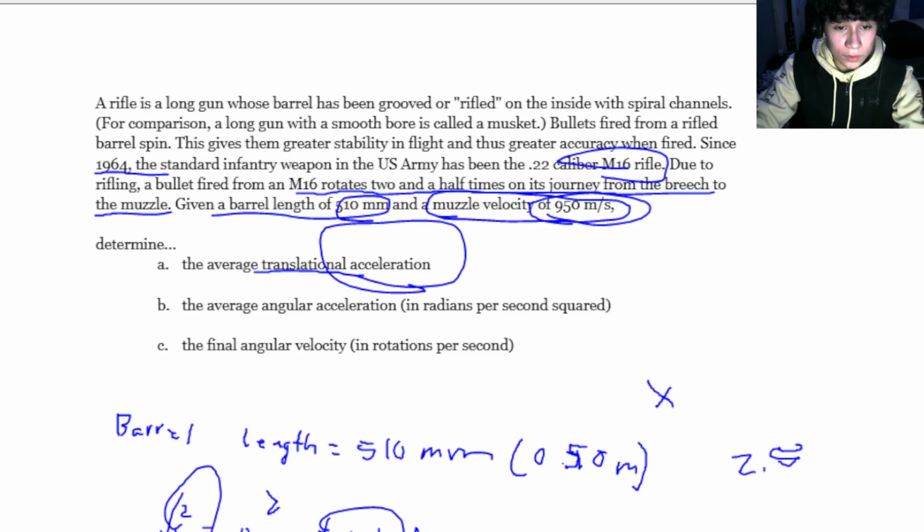Because we're solving for acceleration, we're just going to plug all this into the equation I have here. Let me use a different color. Choose red pen.